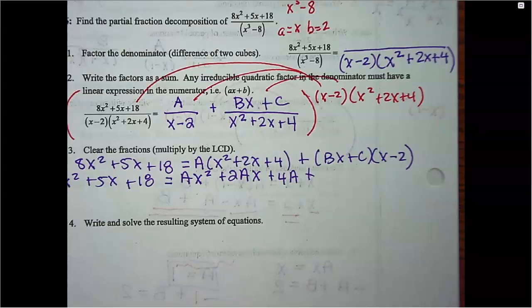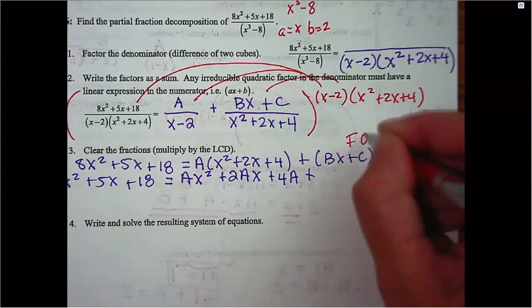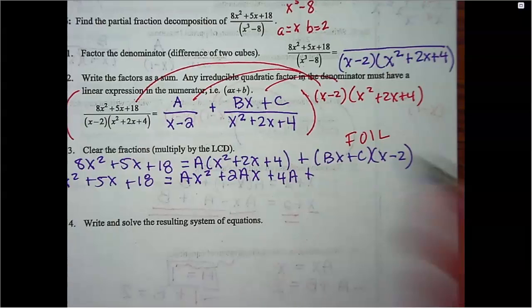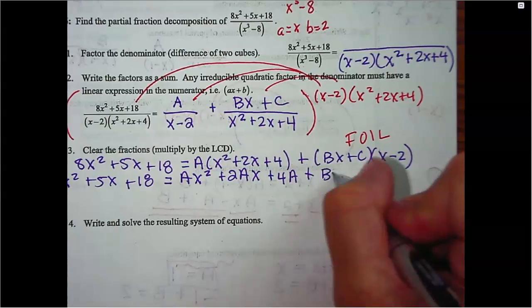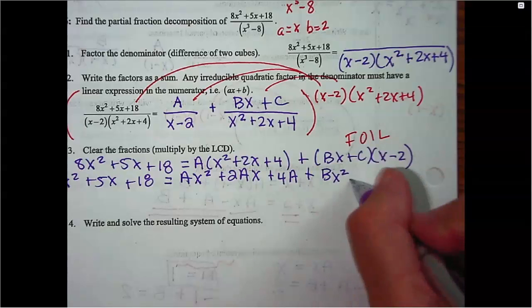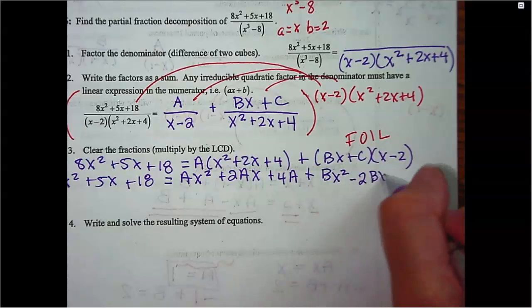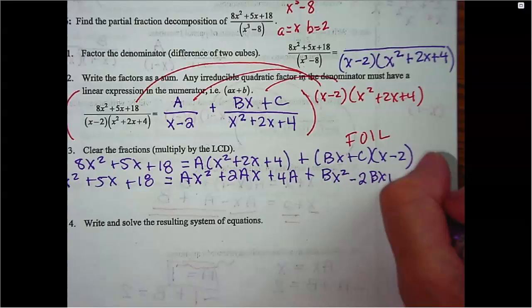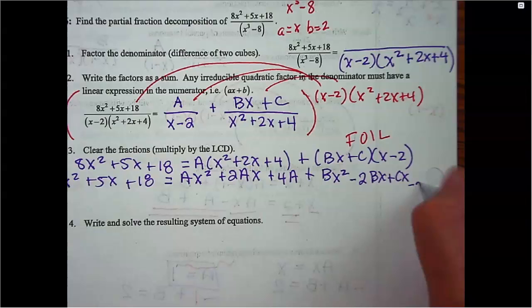Yeah, we have to FOIL here. First, outer, inner, last. So bx times x is, what you guys? Bx times x is bx squared. Negative 2 times bx is negative 2bx. Insides, c times x is cx, and then c times negative 2 is negative 2c.